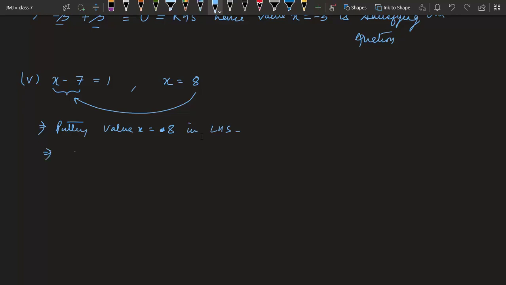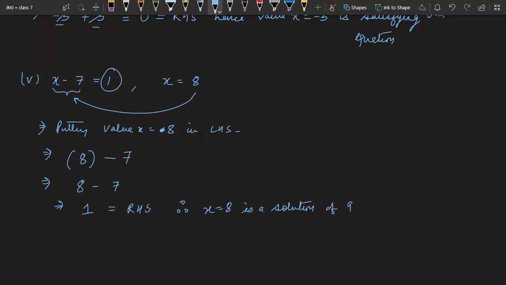We will get, in the place of x I will put bracket 8, then I have a minus sign, plus 7. Further solving it, 8 minus 7 is equal to 1, which is equal to our right hand side. You can see RHS is 1 only, so we can say therefore x equal to 8 is a solution of given equation.